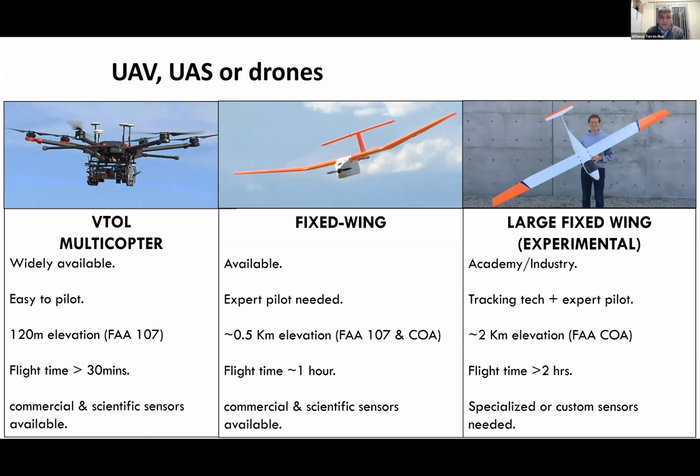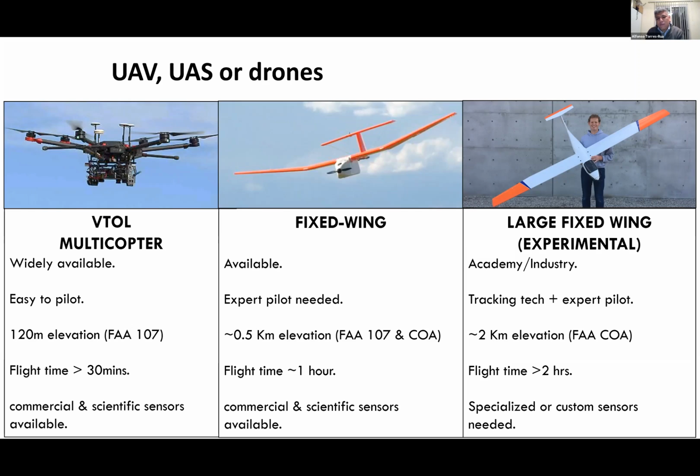You might be already familiar with UAVs. There are 3 types of them currently. On our left, we see the commercially available VTOL or multicopter that is the point of entry on UAVs. Sensors are available for them, scientific and commercial sensors, and typically they follow local regulations on their use.